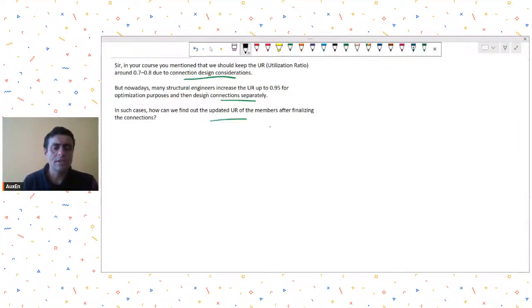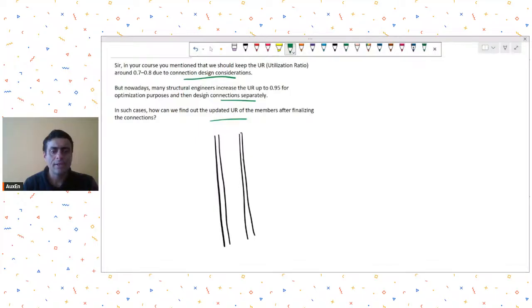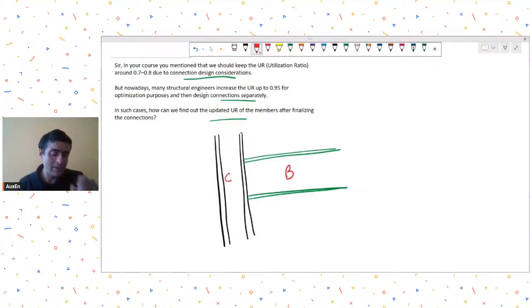So what he's saying, and what I had mentioned in the course, is this: let's say you are designing a steel structure, and at the time of member design you have not worked out the connection assembly yet. If this was my column and this was my beam, when you are working out the member design you are not sure about the connections, you have not finalized them.